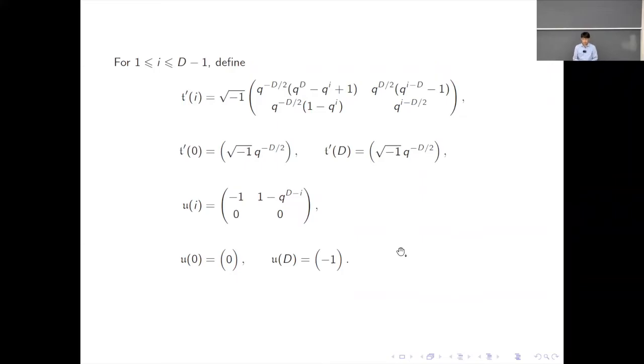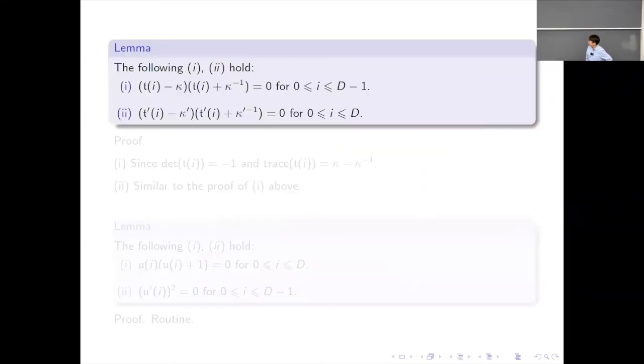Using these block matrices, we define the bigger matrix. But before that, let's look at the properties of each block matrix. We have the following 1 and 2. First, Ti minus k times Ti plus k inverse is 0 for every i from 0 to D minus 1. T prime i minus k prime times T prime i plus k prime inverse is 0 for every i from 0 to D. This is straightforward.